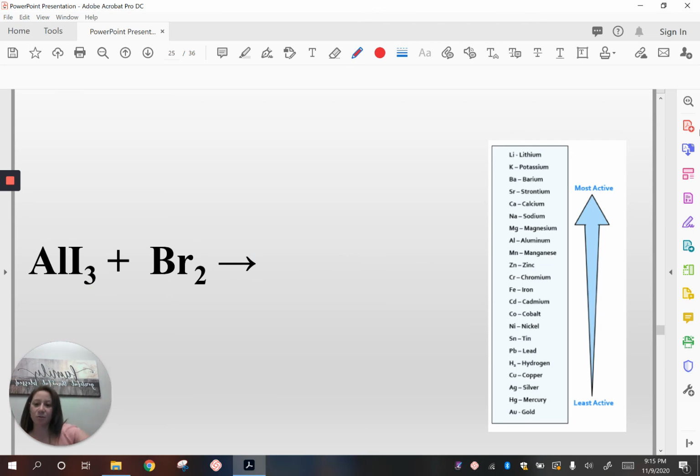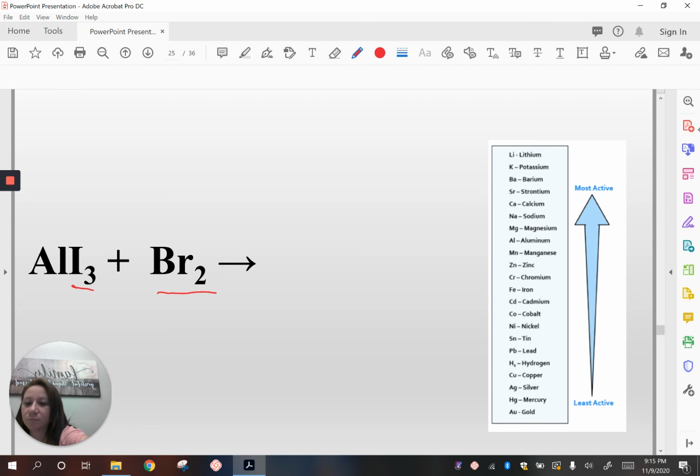AlI3 plus Br2. So bromine is the element by itself. It's a nonmetal, so we are going to compare it with the iodine, which is also a nonmetal. Between those two, bromine is more reactive. Is it already in a compound? No. So you're going to have a reaction. So try to do your reaction.